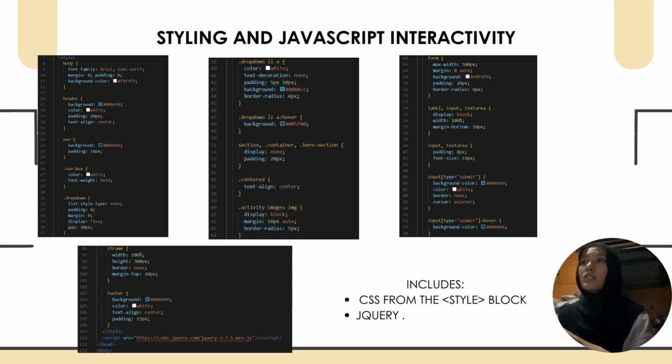For the interactivity, we include jQuery at the end of the body. The script runs when the document is ready and shows only the home section by default. When a user clicks a navigation link, the script hides all sections and fades in the one that matches the data-page attribute.